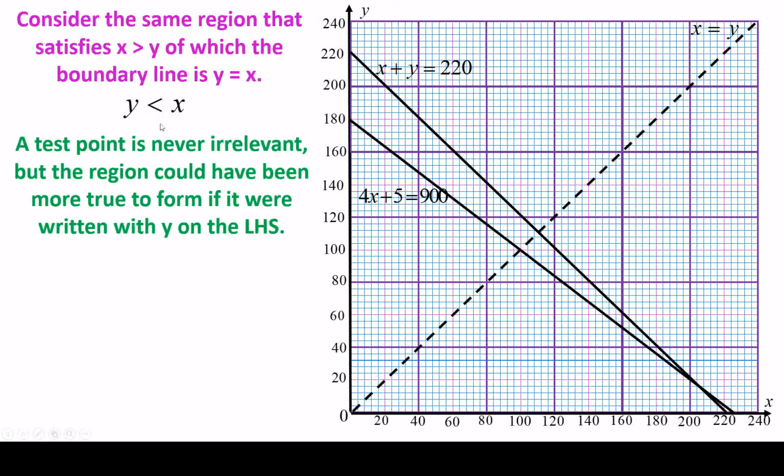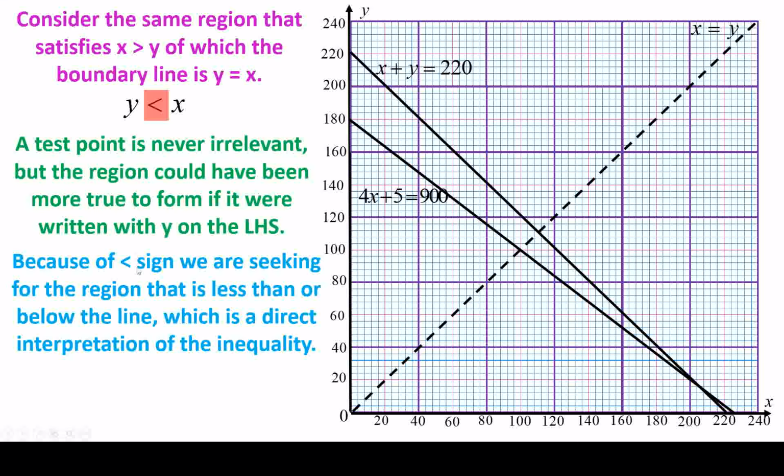It will be true to form because the independent variable is on the right and the dependent variable is on the left, which is appropriate. It is also true to form because now we have this less than sign, because the region will be actually less than, or below, this line.